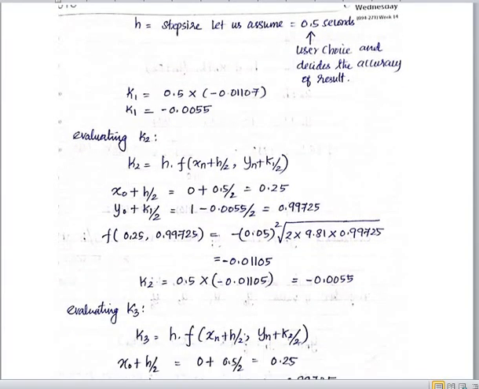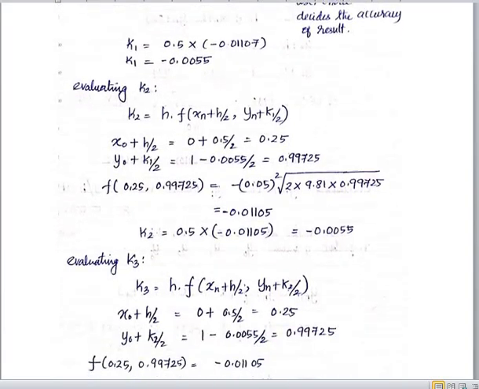In the same way, we evaluate the K2 value. K2 is equal to h multiplied by f of x n plus h by 2 comma y n plus K1 by 2. Here n is equal to 0, so x0 plus h by 2 is 0 plus 0.5 divided by 2, which is 0.25, because the h value is 0.5 and x0 is 0, the initial condition.